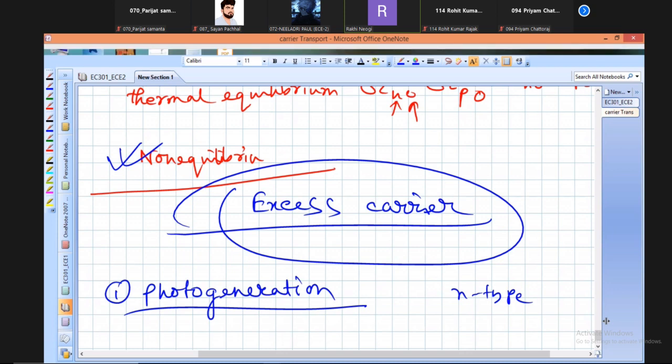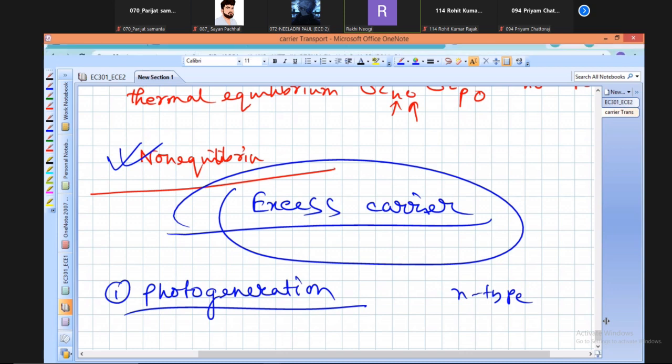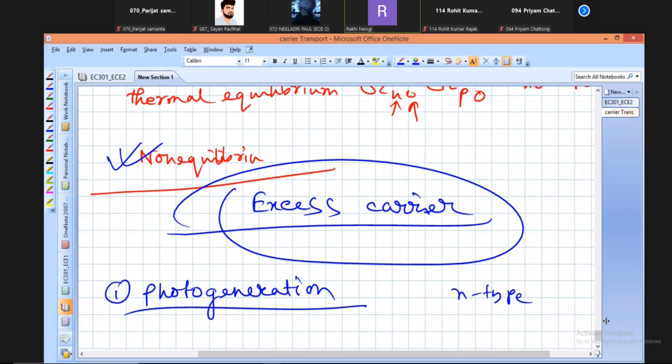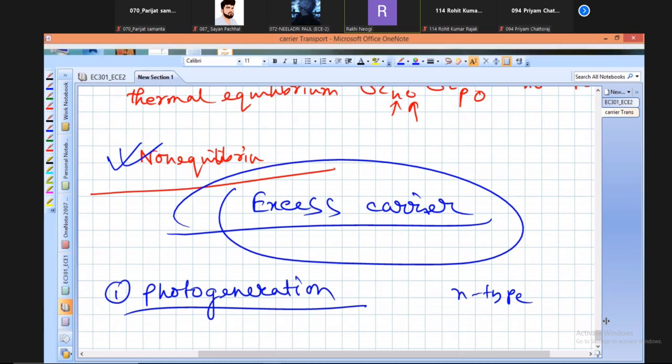Now provide some form of excitation. Suppose I provide light radiation. So light radiation is photon radiation, photon energy. If hν is greater than the bandgap energy, then what will happen? More electrons absorb the energy, they become excited, they break the covalent bond, and make the transition from the valence band to the conduction band.